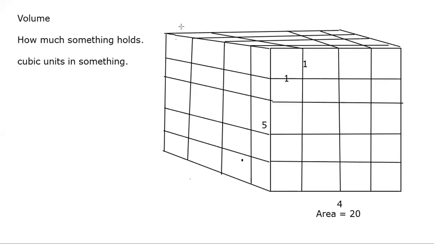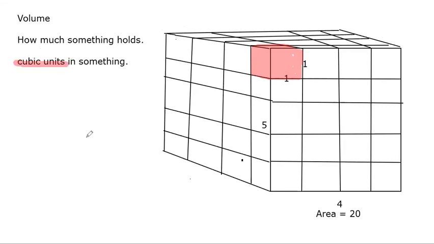So for volume, what we're figuring out is how many of these little cubes fit in something. That is 1 cubic unit right there. How many of those are in this large cube is the volume. How many are in that stack is what the volume is.